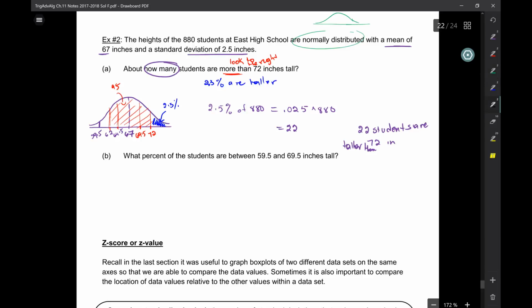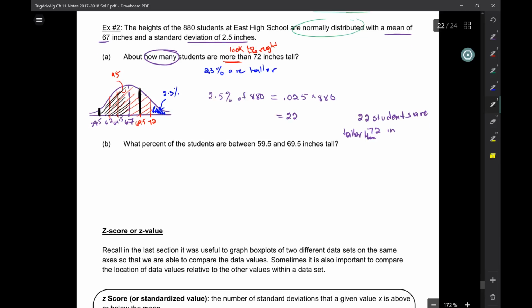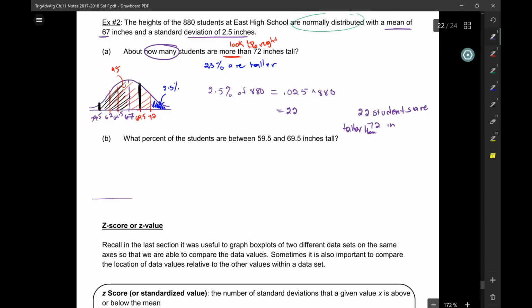Okay, so what percent is between 59.5 and 69.5? All right, so how much is this? 1, 2, 3. How much is this part on the right of the mean? That black part, you know what, let me draw it again, because that got confusing.